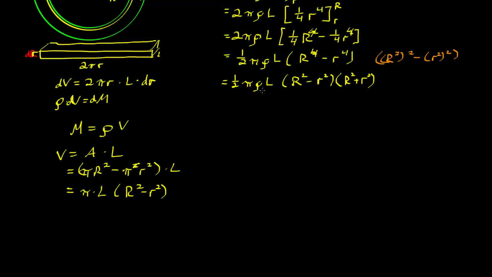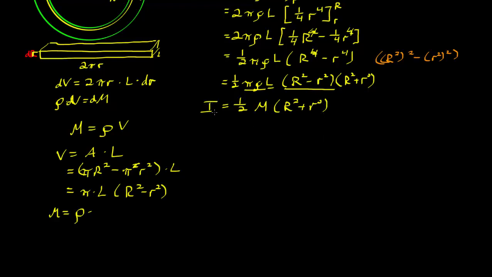So the mass is rho times pi times L times big R squared minus little r squared. So all of this stuff, that's the mass. So we get 1/2 of the mass times big R squared plus little r squared.